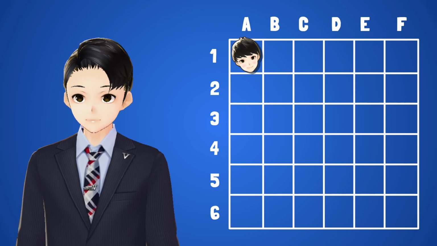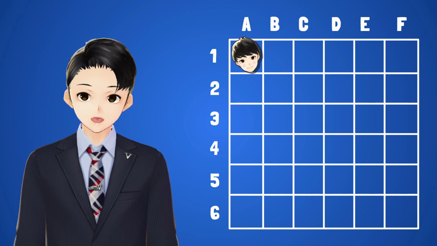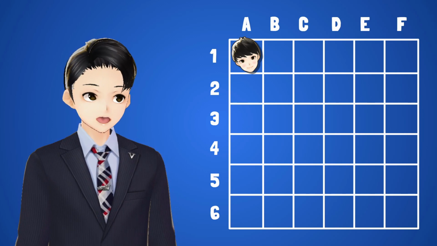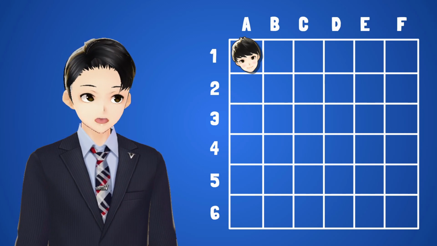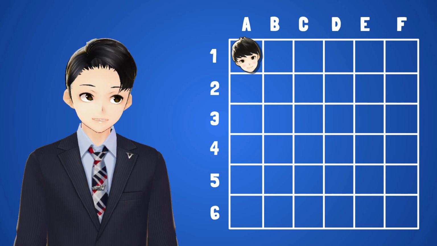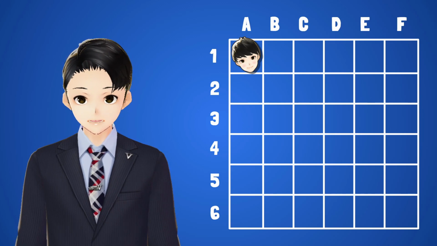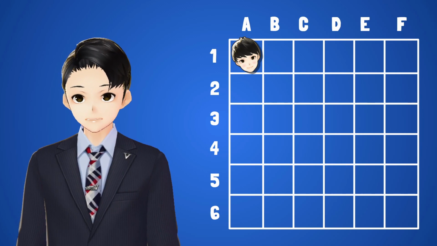All right. Now, for this activity, we are going to need V to go to our goal. Our goal or finish line, we are going to put at F6. Do you know where F6 is?